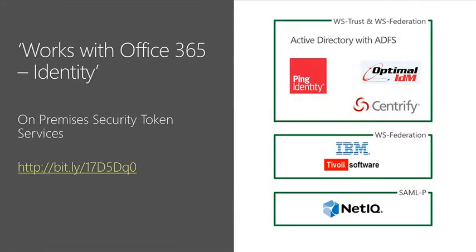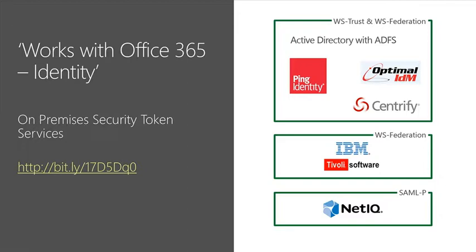So these are the identity providers that we have in the program right now. And I have 3 boxes on this slide. It shows in the top box identity providers that support 2 protocols, WS Trust and WS Federation. And then Tivoli in the middle there supports WS Federation and NetIQ with SAMLP.